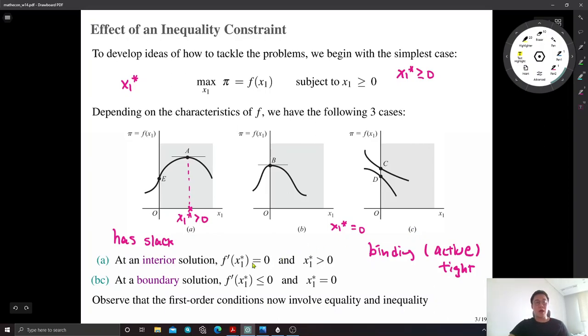All right, so the main difference from the previous case: we had a unified first order condition for maximization or minimization, that the derivative is equal to 0. But whenever we have this kind of inequality constraint, now the first order condition involves equality and inequality. Okay? So it may be either this or this, depending on where we have a solution.